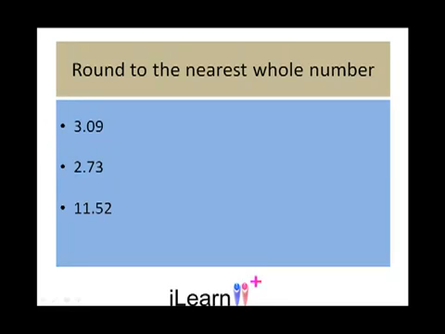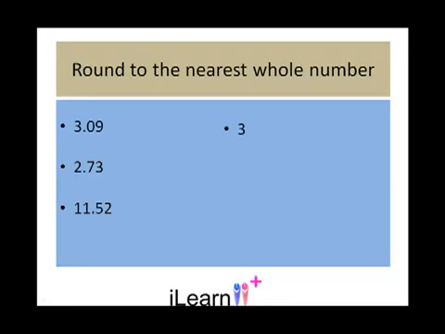3 is a whole number. We need to look at the next column to the right to decide whether to round up or down. The next column to the right is 0. 0 means that we round down.